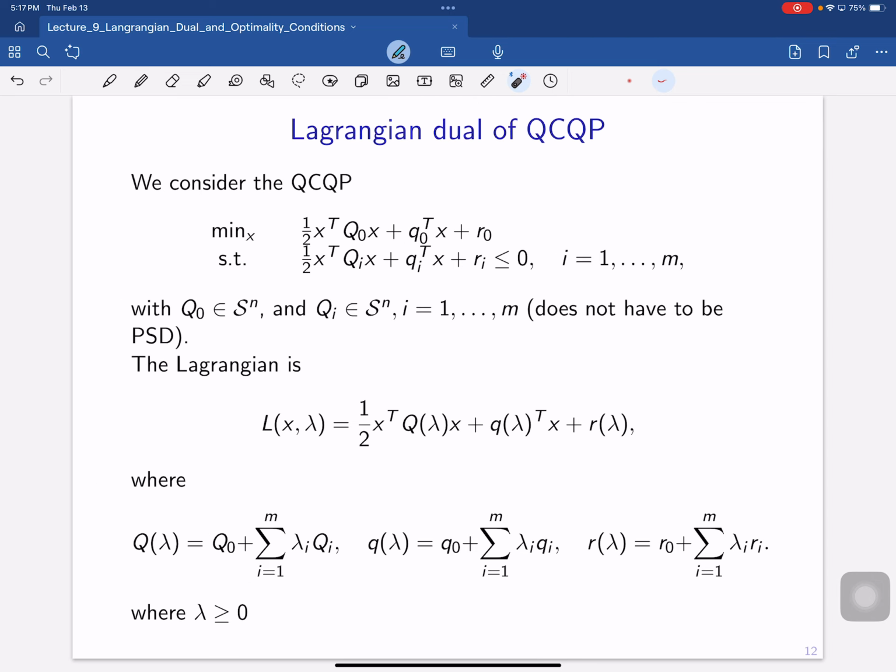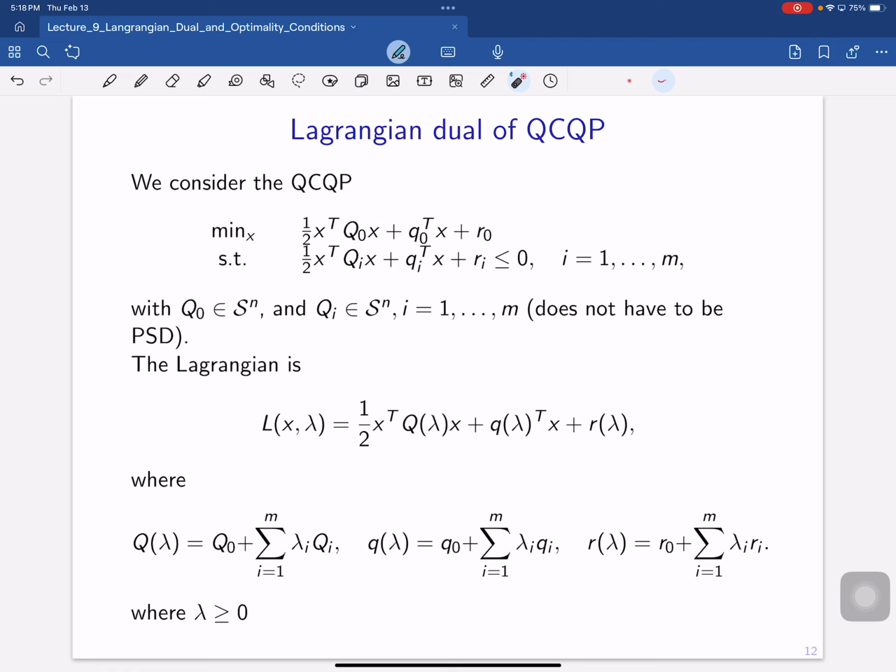Okay, what is more interesting is this general problem where we have a quadratic objective function and M quadratic constraints. So this is a very general quadratically constrained quadratic program, a QCQP.